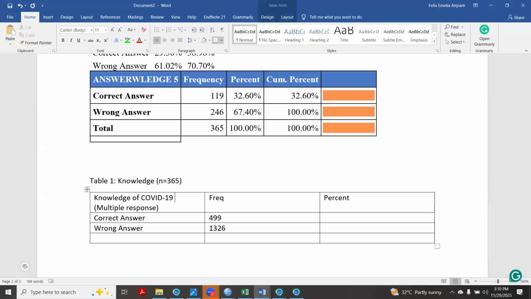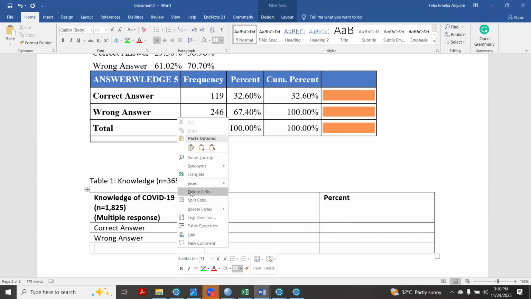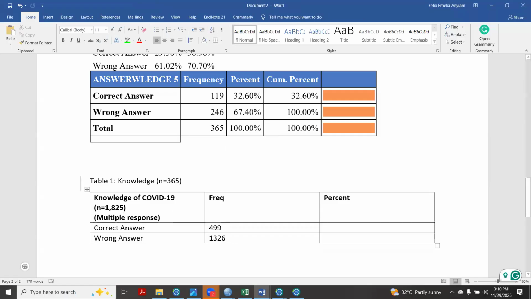But here will now be 1825. So you are now letting us know that this particular question is multiple response, because the number is more than the 365 that is the population.